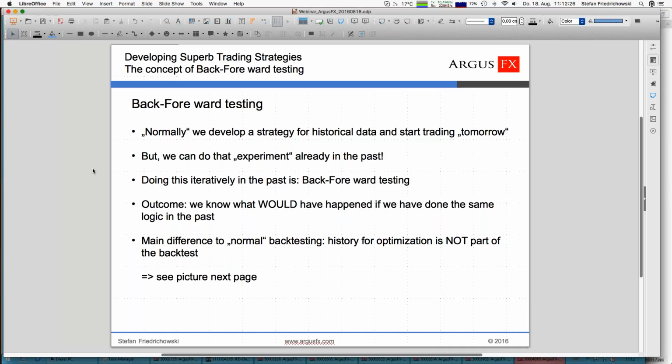and then apply our parameters which we have derived from the period from 1990 to 2010, take those parameters and apply them to the then coming future. So for the years 2011, 12, and so on and so on. And what we even can do is we can do that process iteratively.